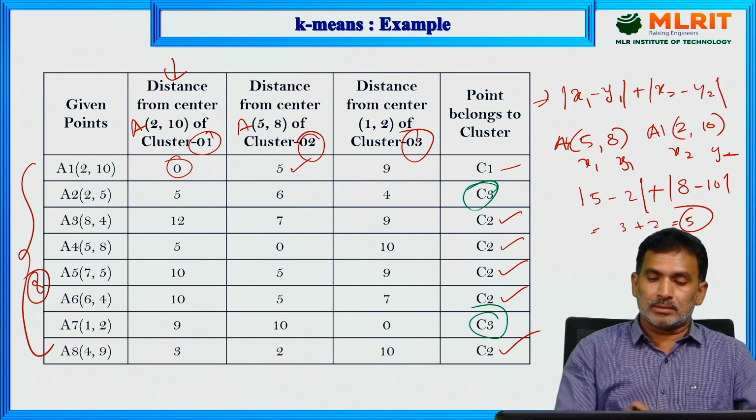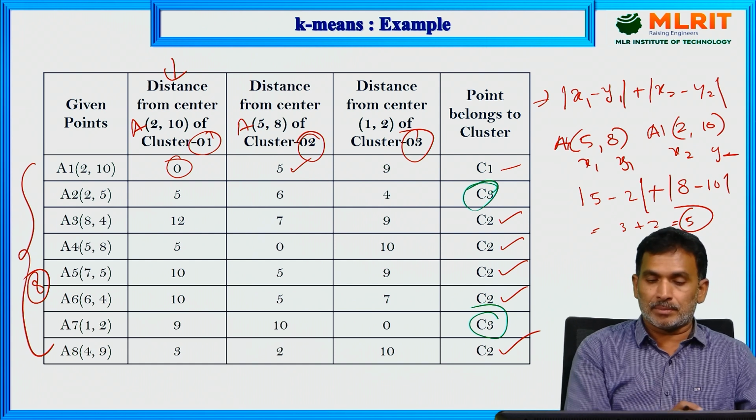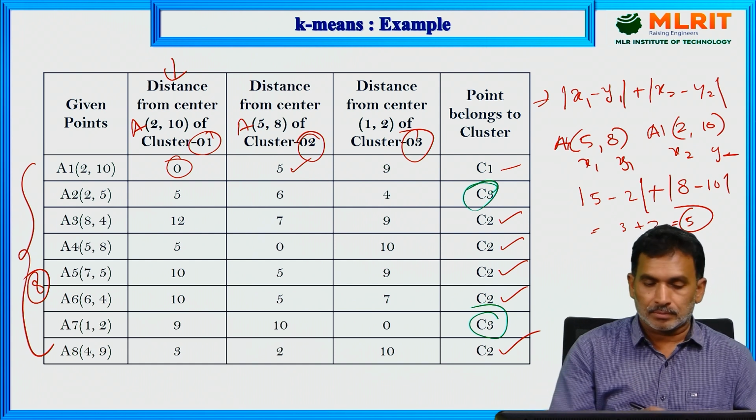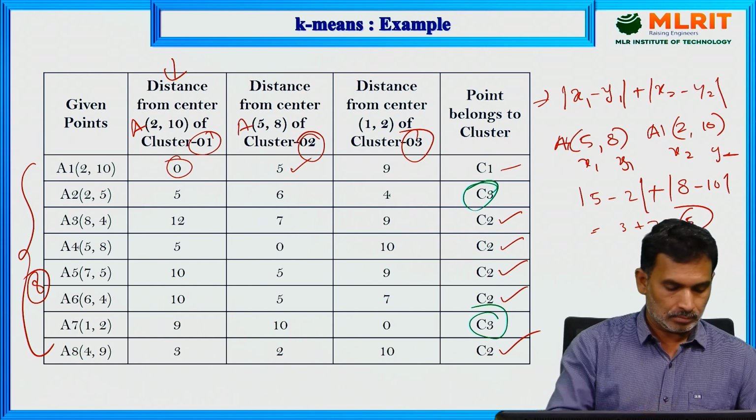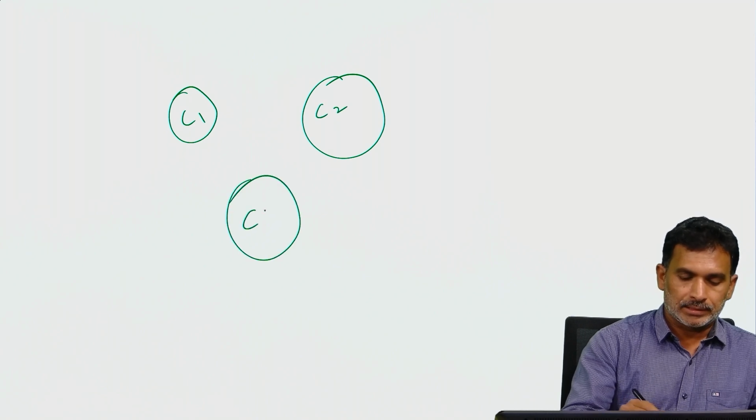This is the first initial assignment, 3 clusters. Let us take, first C1 has only one data point, and then C2 another cluster, and C3.